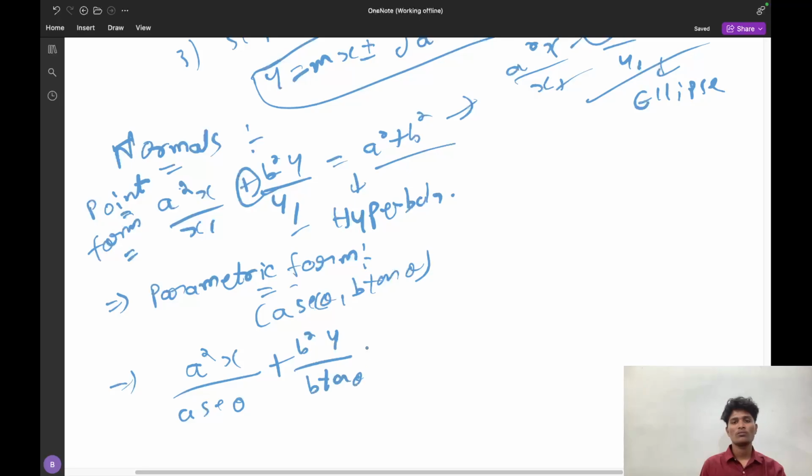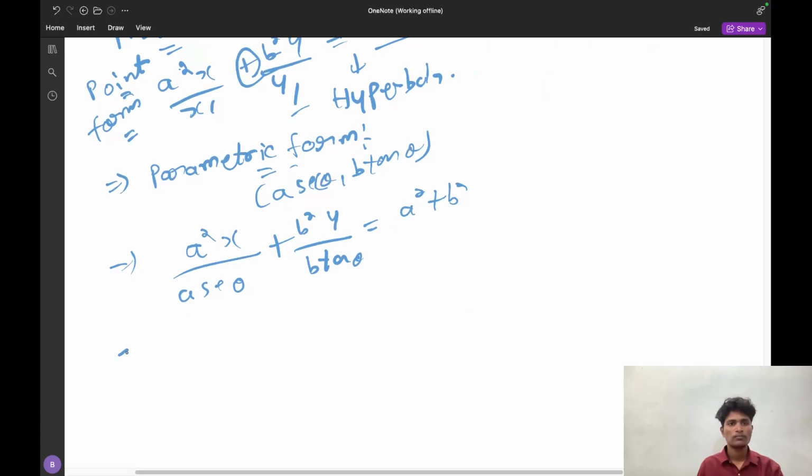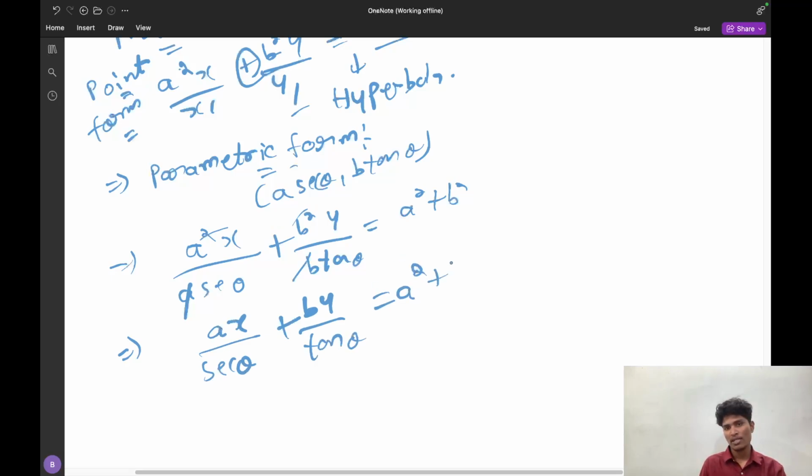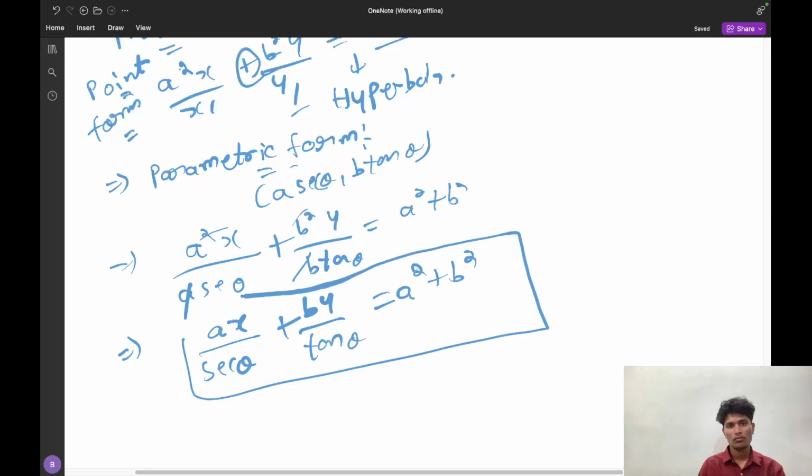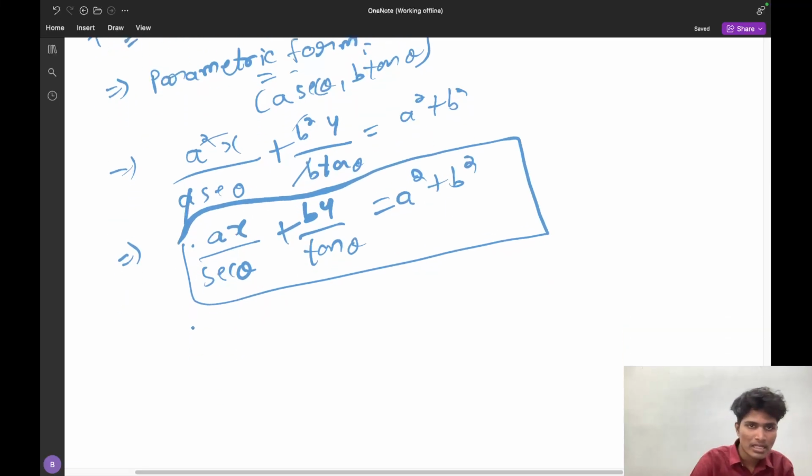Here a will get cancelled, b will get cancelled. So ax by sec theta plus by by tan theta is equal to a square plus b square. This is the answer in the parametric form.